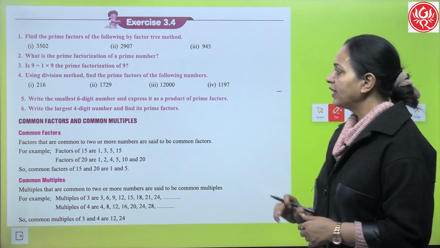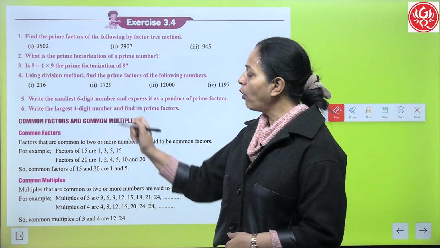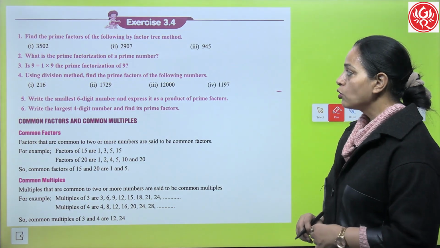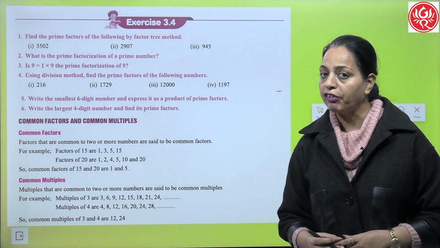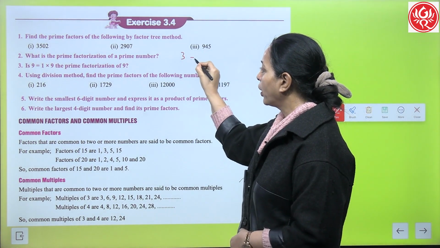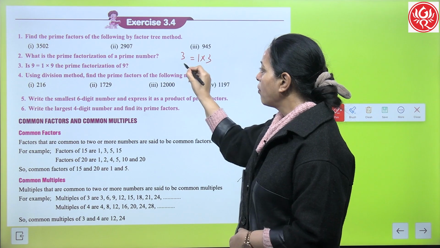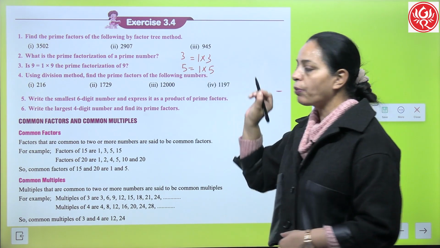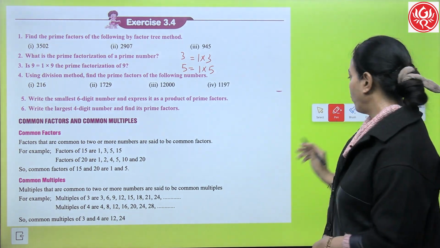Very easy and interesting. Now the second one, what is the prime factorization of a prime number? So how can we write a prime number in prime factorization? Like 3 is a prime number, so you can write 1 into 3. 5 is a prime number, 1 into 5. So 1 into the prime number itself, right?